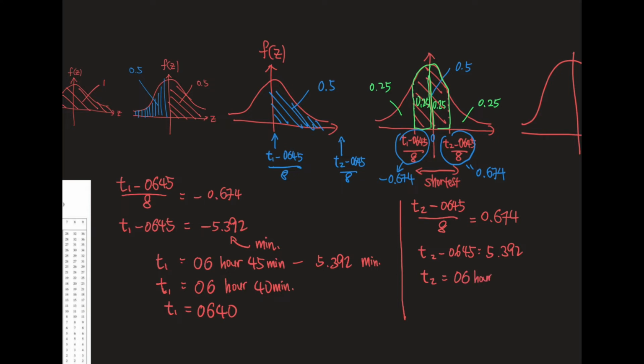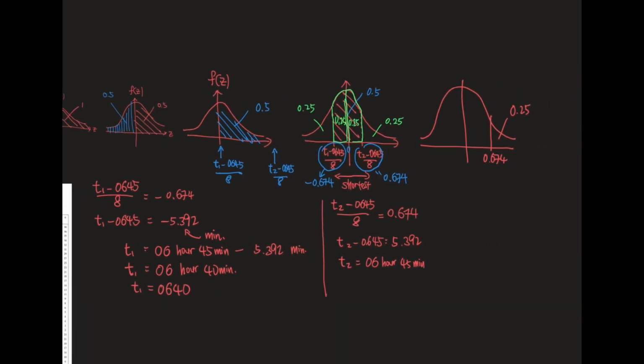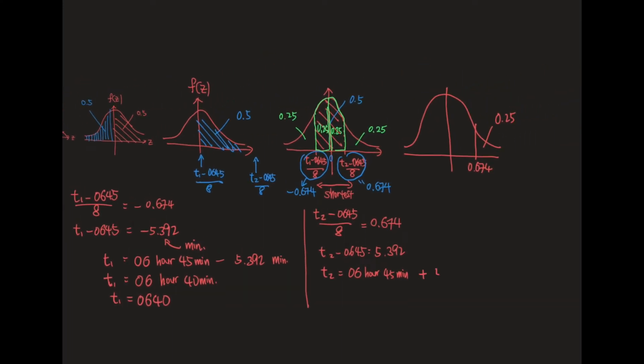T2 equal to 06 hours 45 minutes plus 5.392 minutes. That means plus 5 minutes. It's around that. 0650.